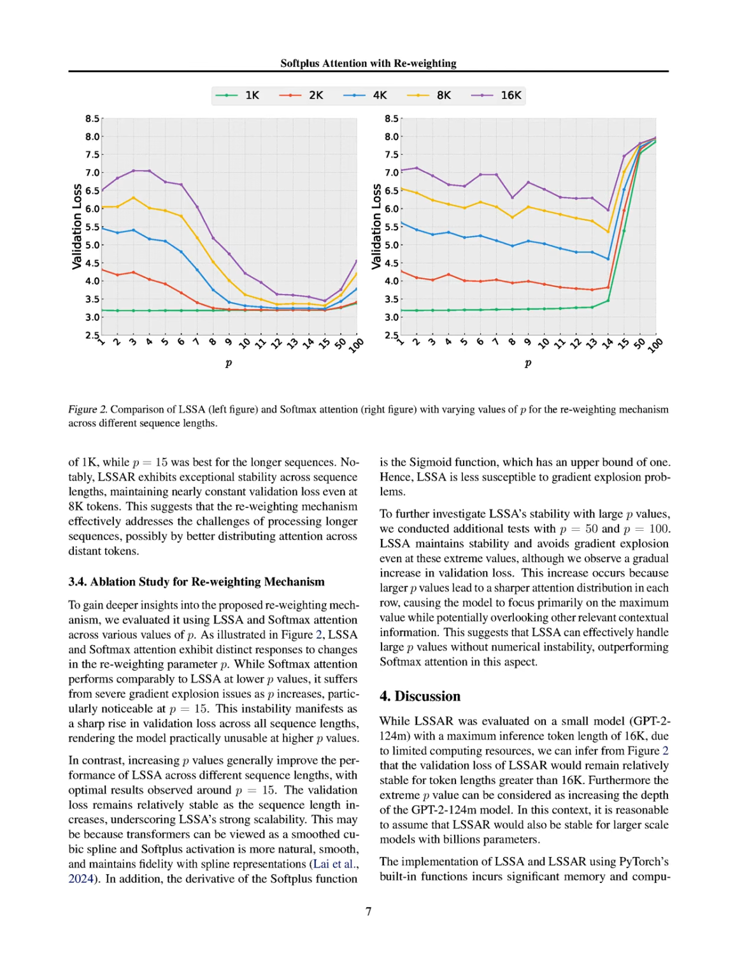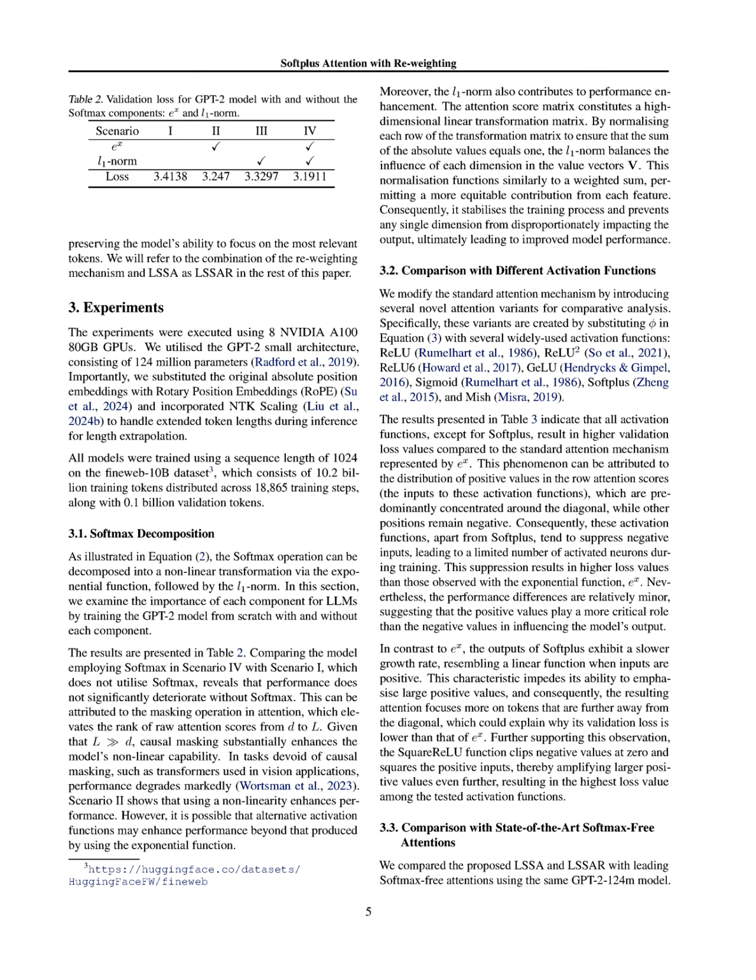Firstly, the implementation of LSSA and LSSAR using PyTorch's built-in functions incurs significant memory and computational costs, which can be a barrier for practical applications. Additionally, the evaluation of LSSA was constrained to a smaller model, GPT-124M, with a maximum inference token length of 16K due to limited computing resources, raising concerns about its generalizability to larger models with billions of parameters.